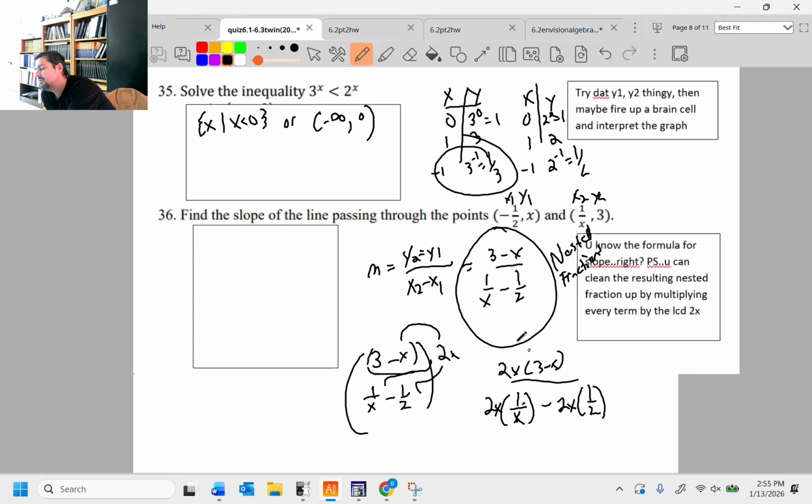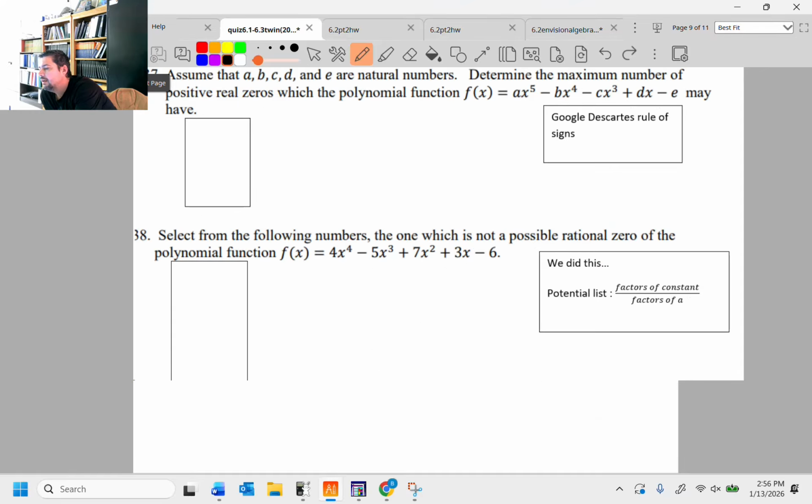Now, 2x times 3 minus x, last I checked, is something like 6x minus 2x squared. Down low, x's cancel. I have a 2. 2 times 1 is 2. 2's cancel, minus an x. And that's all you can do with it. That's what it says. So there you go. Hip hip hooray.